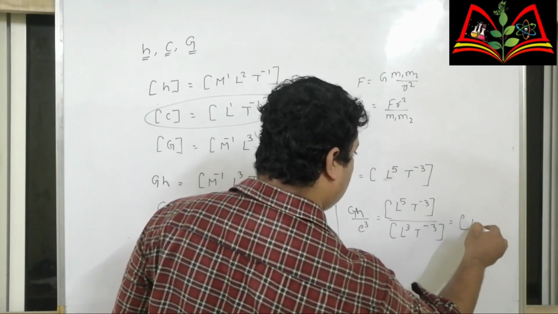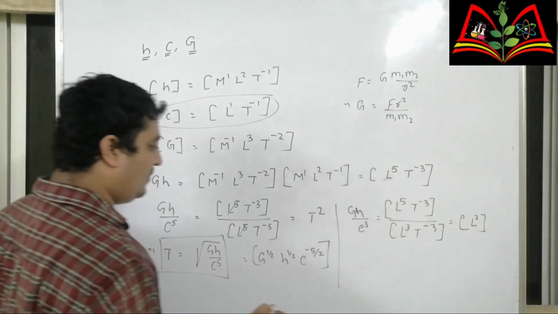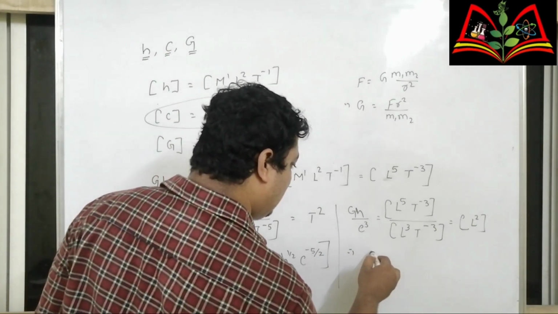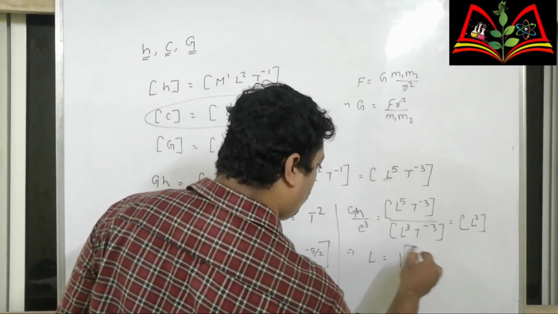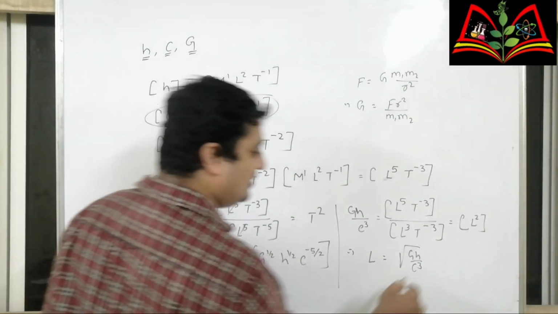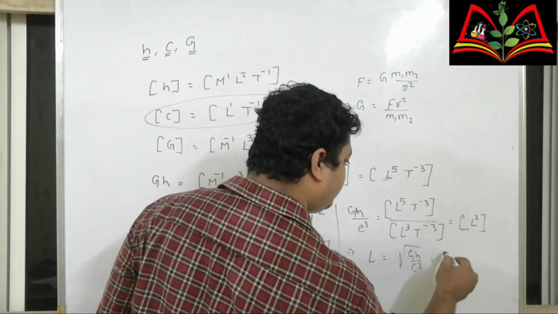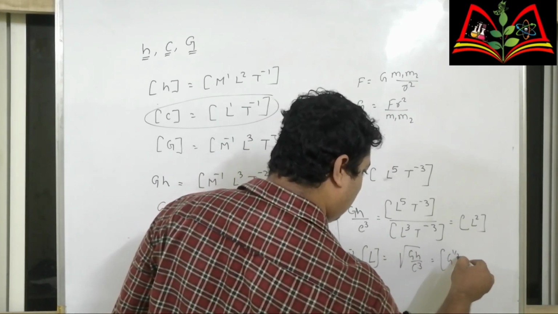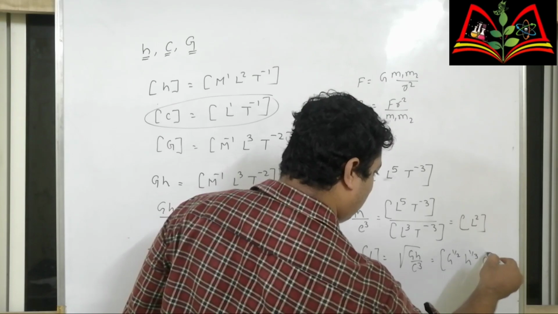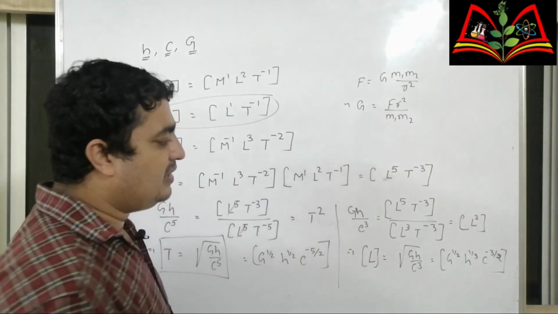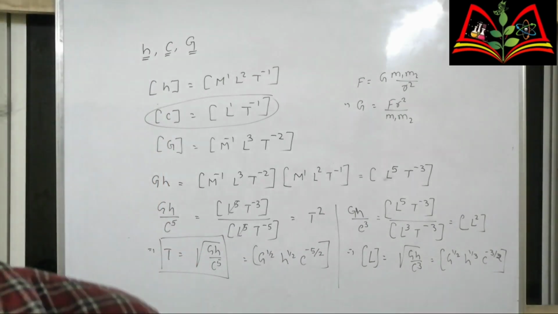It becomes L square. So we can write L equal to root over of GH by C cube. So simply here we can proceed. Dimension of L becomes G to the power half, H to the power half, C to the power minus 3 by 2. This will be our answer.